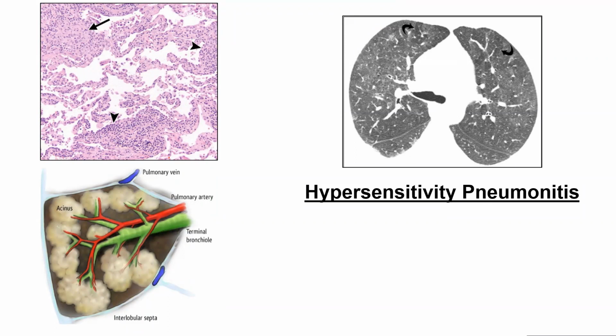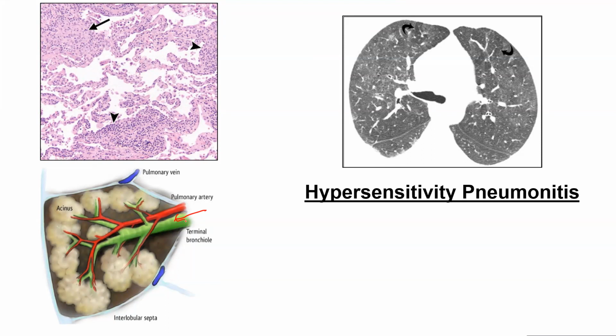What happens here is you have inhaled antigens, and it can be a bunch of different antigens. Most that we think of are farmers' cough versus pigeon or bird fancier's lung. There's also humidifier lung. So there are a lot of different molds that can go into the lungs.